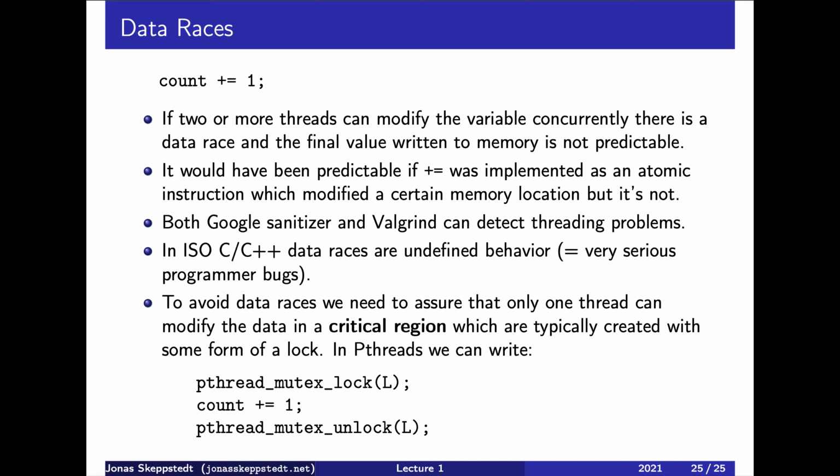So how can we avoid data races? Well, we can read the source code, write the source code very carefully and avoid it. But there are also two tools that are useful, namely the Google sanitizer and a tool called Helgrind.